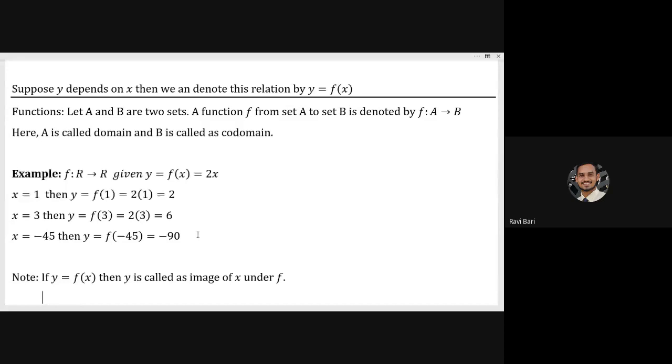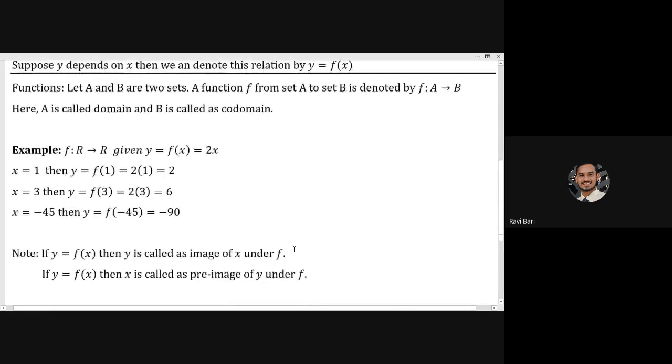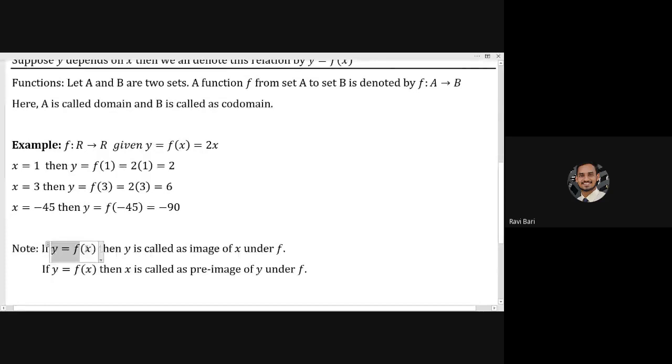Also, if y is equal to f of x, then x is called as the pre-image of y under f. ये दो इंपॉर्टेंट डेफिनेशन भी आपको याद रखने हैं कि अगर y is equal to f of x होगा मतलब y is image of x and x is pre-image of y. Understood? So let's take one more example.